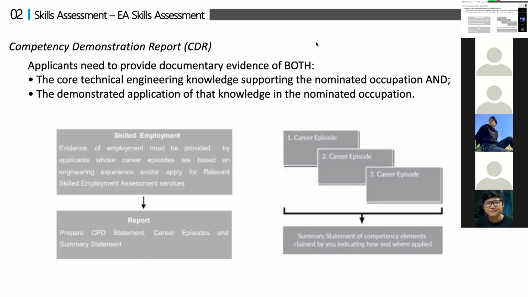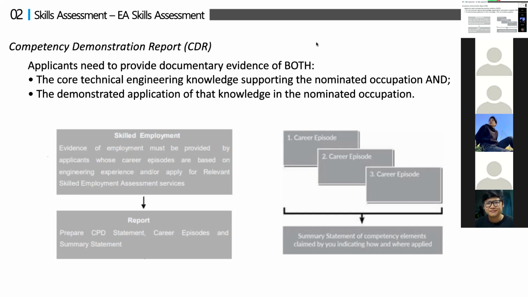It's impossible to contact every single university all over the world. So that's why they created the CDR process. They may not see all the curriculum in detail, but they want to find out whether you can be a qualified engineer or not through your work experience.